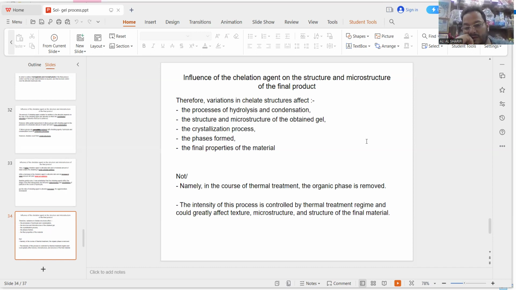All of that is because we wanted to remove the organic phase to be sure. The intensity of this process is controlled by the thermal treatment regime and could greatly affect the texture, microstructure, and structure of the final material.